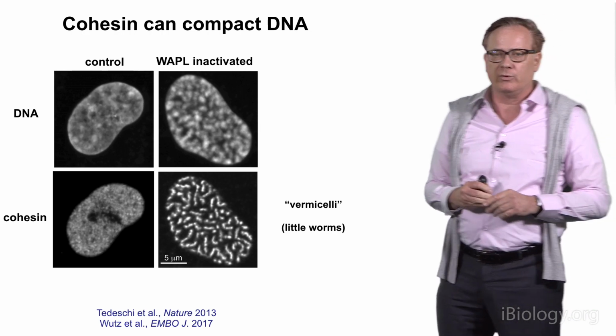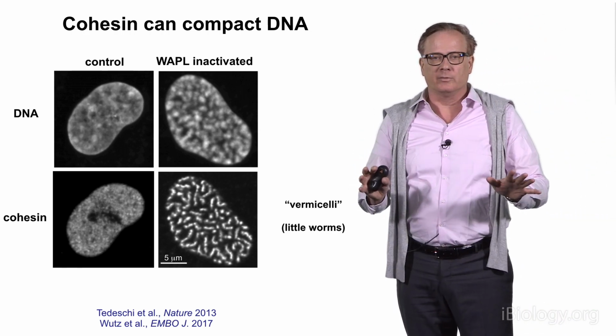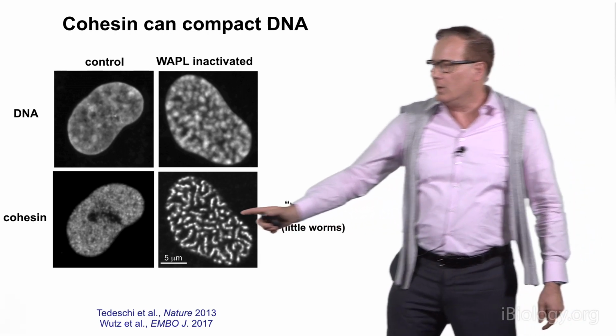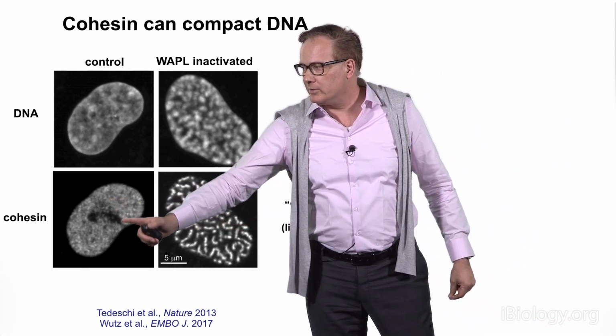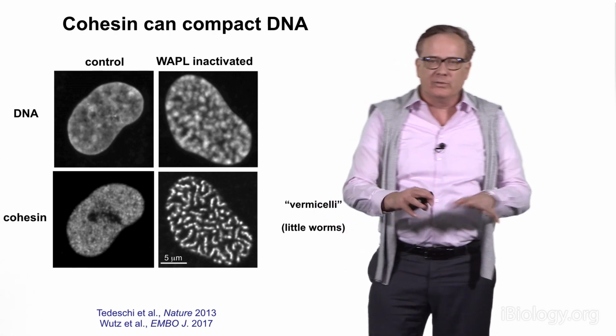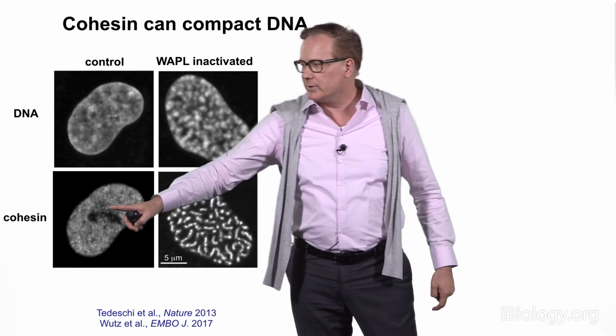Even more surprisingly, we found that the distribution of cohesin was dramatically changed. Normally, as seen by fluorescence microscopy, cohesin would be distributed on chromatin relatively evenly, as you see here in this control cell.